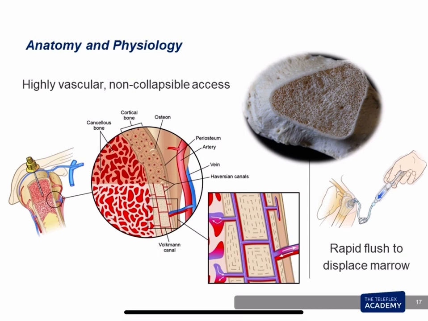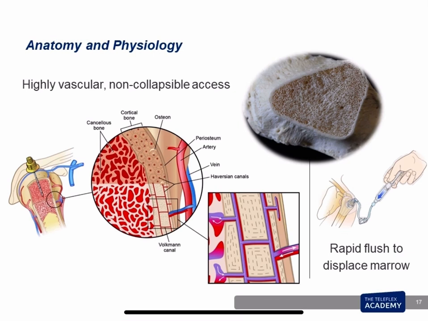One misconception people have is that medications and fluids take a long time to reach the central circulation. On the contrary, the medullary space is highly vascular, and this slide shows the anatomy and the highly vascular area in which we're placing these IO needles.